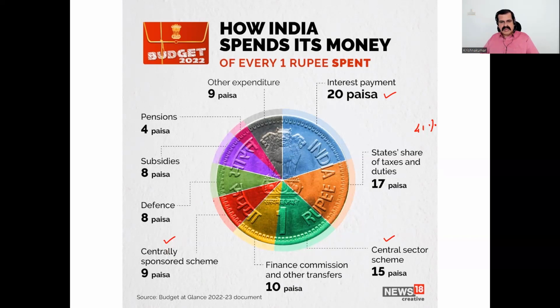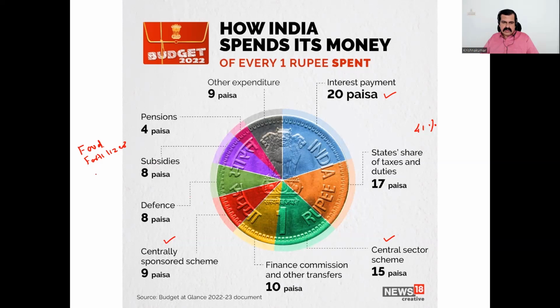8% of the money is spent on defense, thanks to our couple of friendly neighbors. 8% is again spent on subsidies. What kind of subsidies? We're talking about food subsidies, primarily through the public distribution system. We're talking about fertilizer subsidies to support the farmers, for example, urea, nitrite and all that.